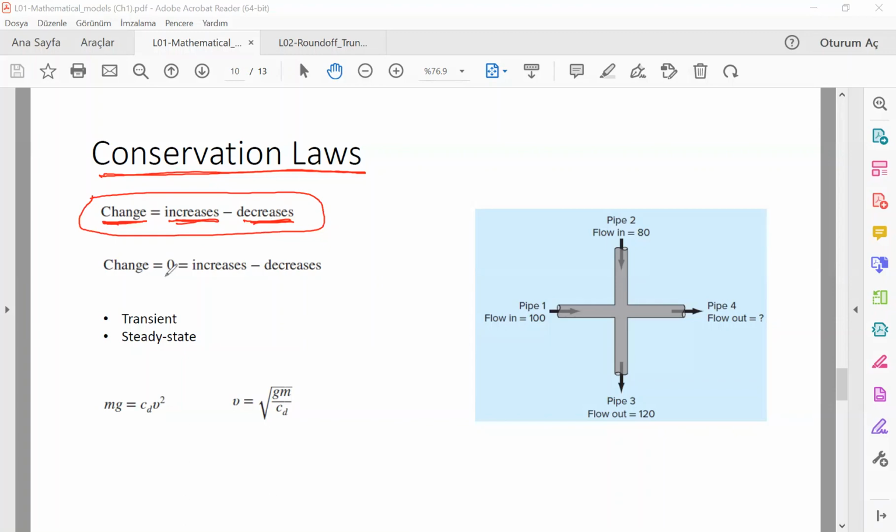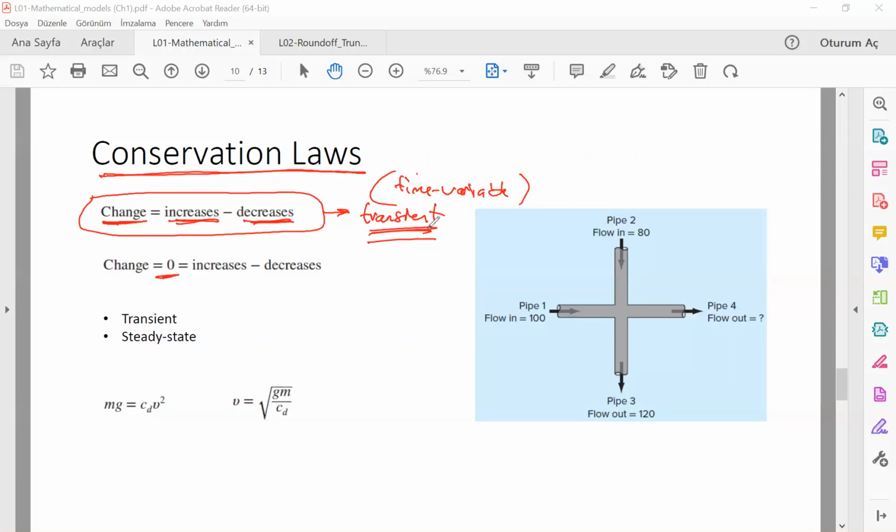By examining this change, we are trying to understand the transient behavior of the system, or time variable computation of the parameters in a system, so-called transient.